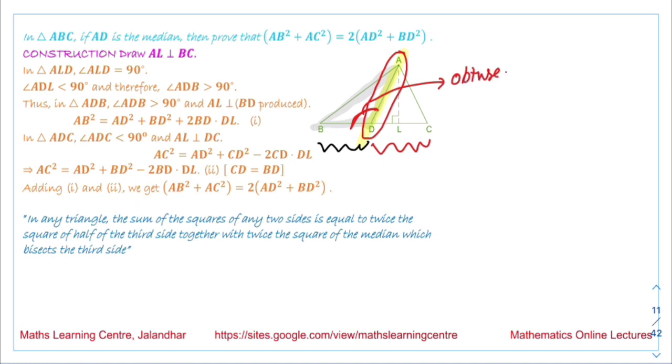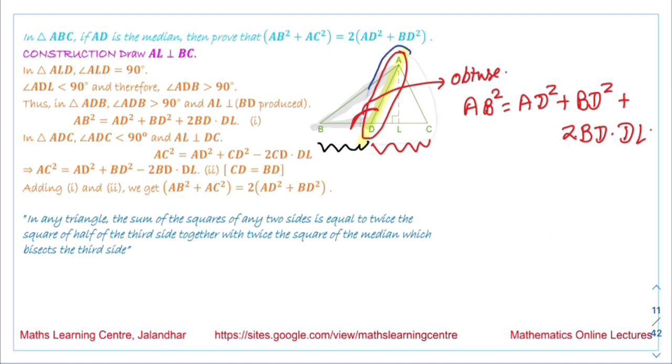So from the previous theorem, we have the result AB square is equal to AD square plus BD square plus 2 times BD into DL. Now in the second case, we are talking about the triangle ADC.